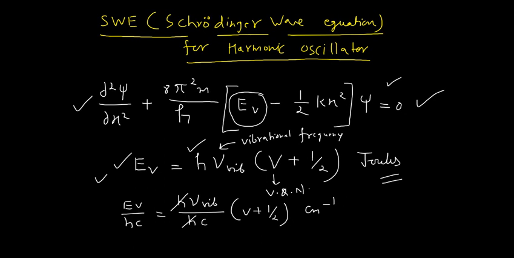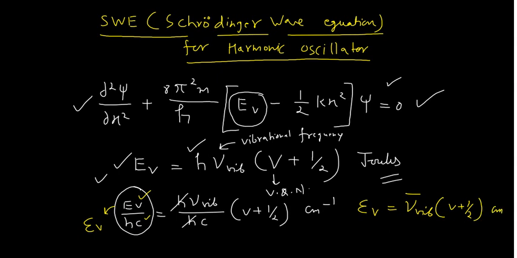So what you can do, you can use a different term, which is epsilon v. Epsilon v is actually E_V by hc. So you can write this equation like that, epsilon v equals nu bar wave, now it is in centimeter inverse, times (v plus half), also in centimeter inverse.